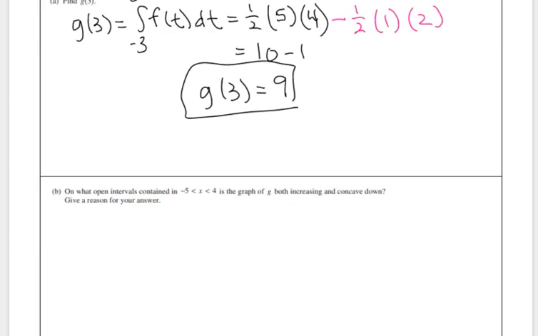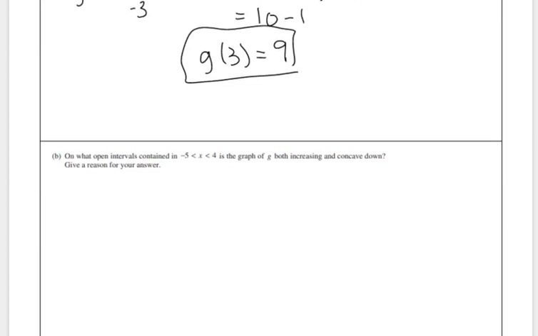Part B asks about the open interval from -5 to 4 where the graph of g is increasing and concave down. For g to be increasing, g prime has to be greater than or equal to 0. For the graph of g to be concave down, g double prime needs to be less than 0.